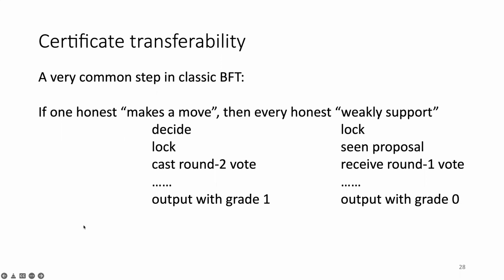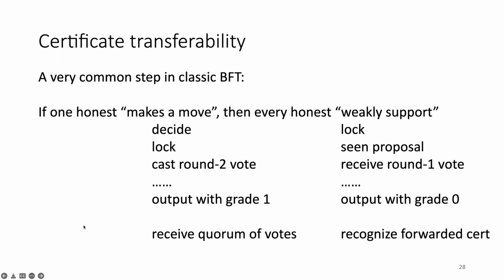And this is very easy to achieve in classic BFT. That's also why when you look at the classic BFT protocol, you probably didn't even notice that they're doing this. The reason is that I just make my strong move by requiring a quorum of votes. Then I forward the quorum of votes to everybody.